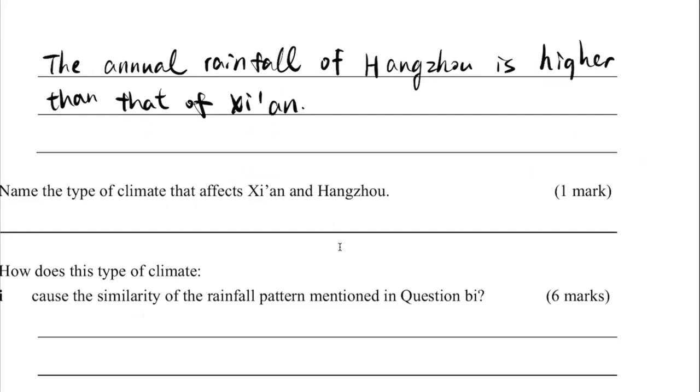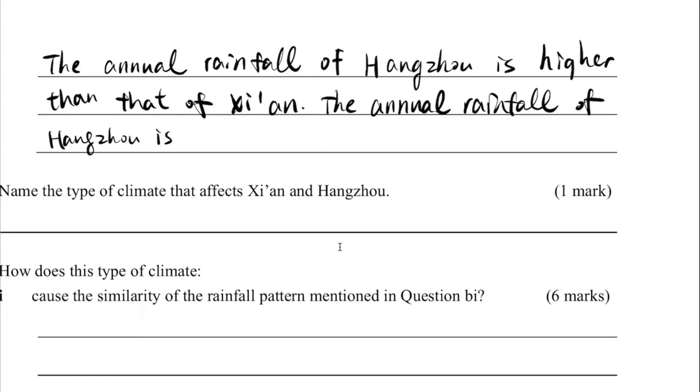So we should write that the annual rainfall of Hangzhou is 1448 mm, while Xi'an is the other value.